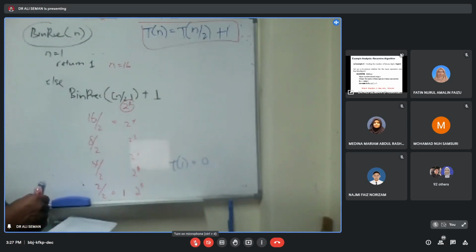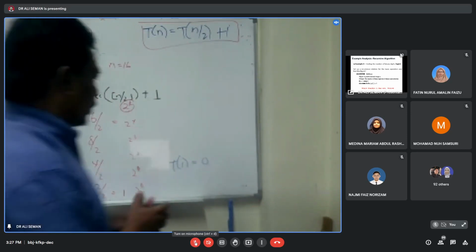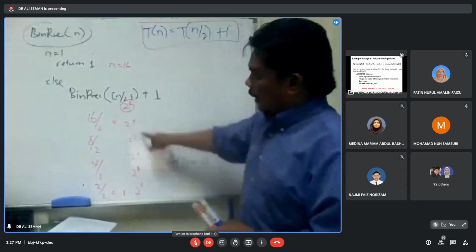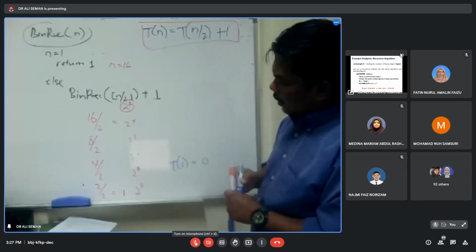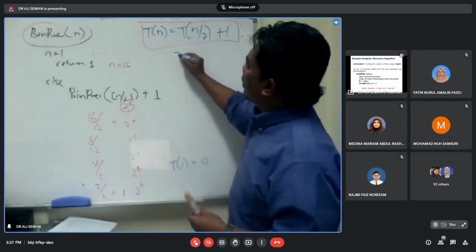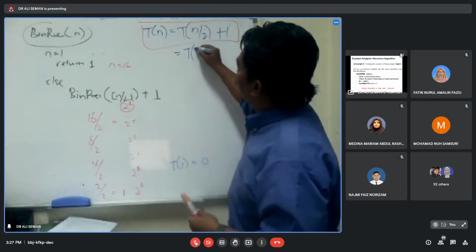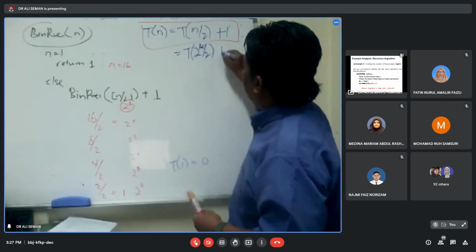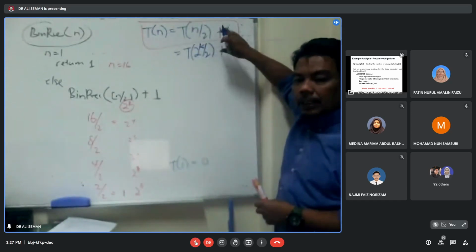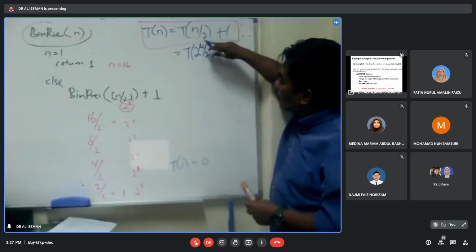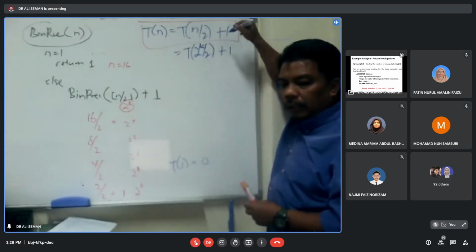Is it correct? Similarly to what we did for the non-recursive function. Now we can write it like this: T(2 power of k) equals T(2 power of k over 2) plus 1. But this is still not in the form of a recurrence relation, because we need k minus 1, k minus 2, so that we can substitute.